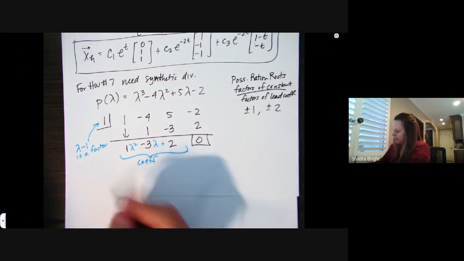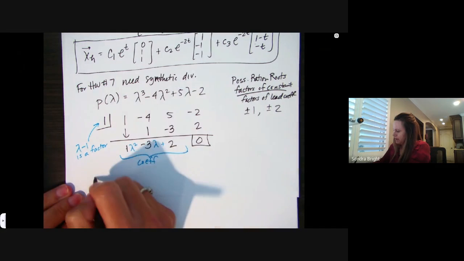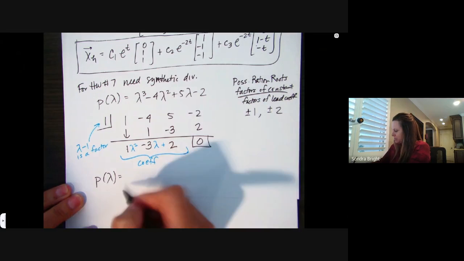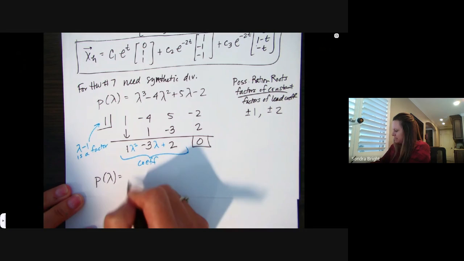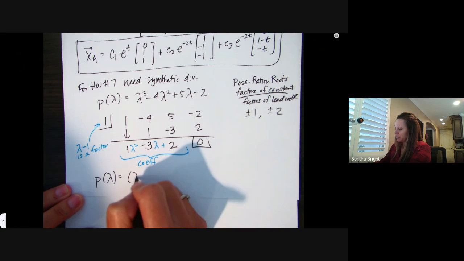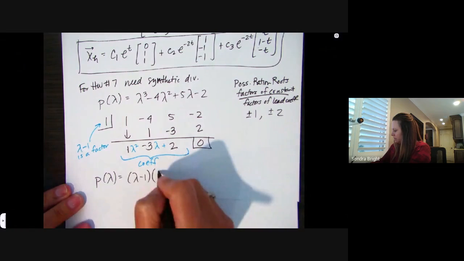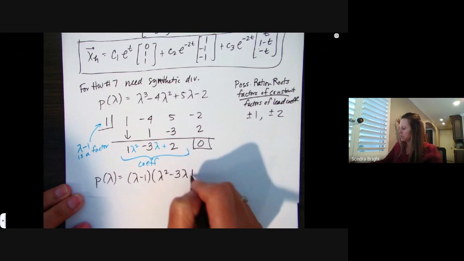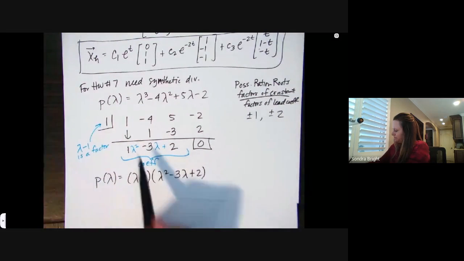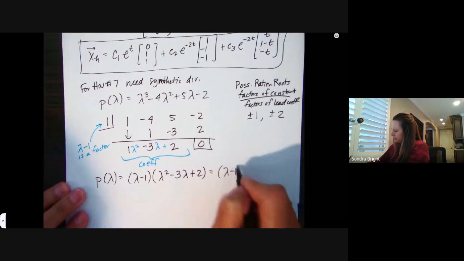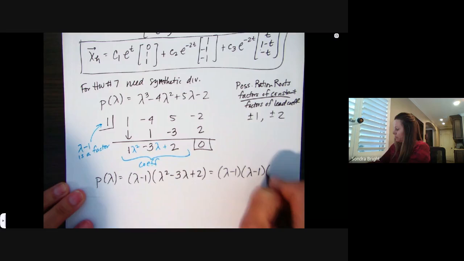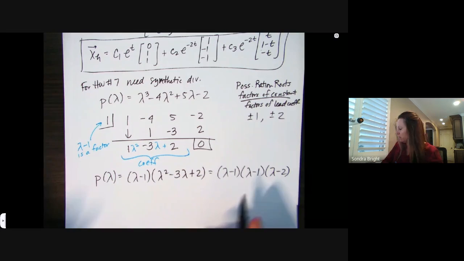So the characteristic polynomial factors as lambda minus 1 times two numbers that multiply to 2 but add to -3, that is, lambda squared minus 3 lambda plus 2. That's what you just did by synthetic division. Then these two factor as lambda minus 1 and lambda minus 2. And so you've got a multiplicity going on there.